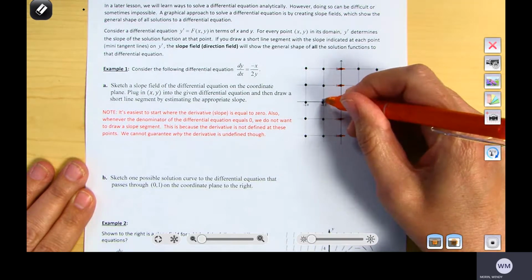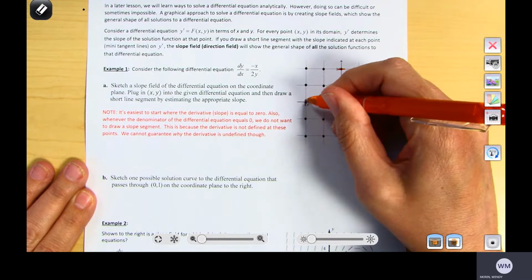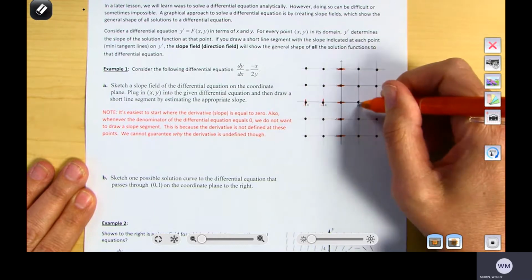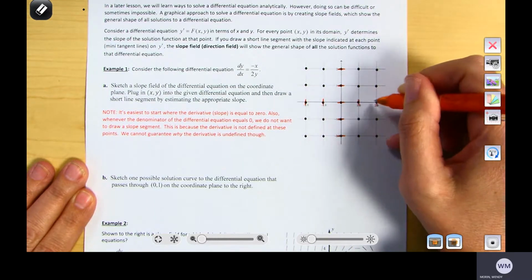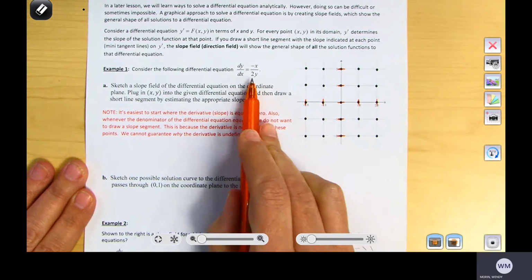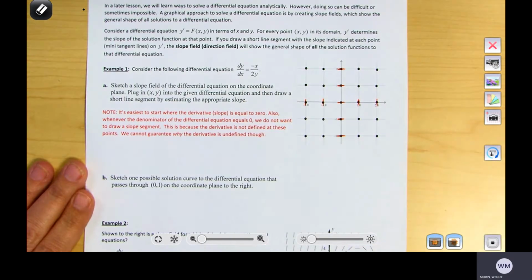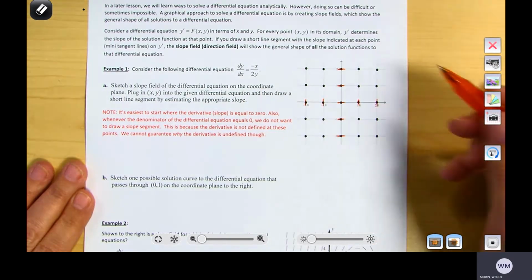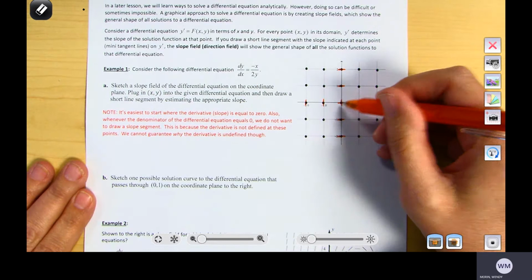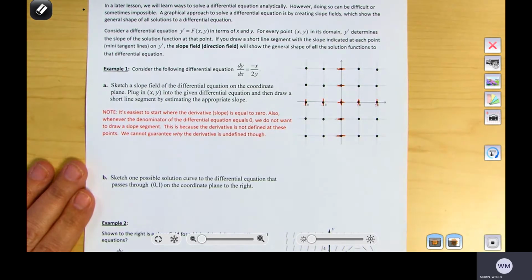The first derivative is not always undefined on all of the solutions, but in this one it is because we have a y in the denominator. Okay, little mini tangents. And then you can just pick any x value.